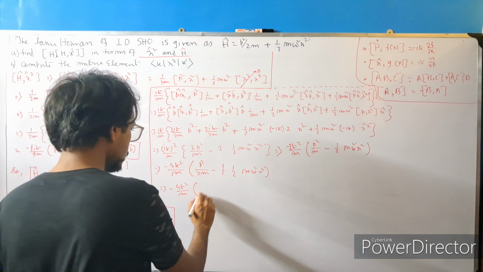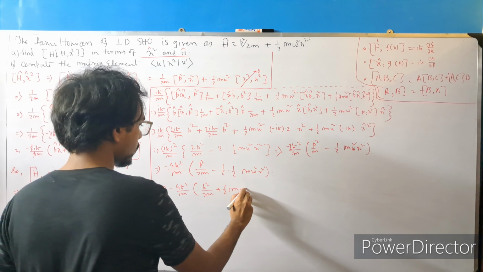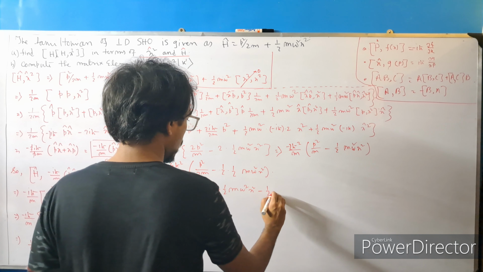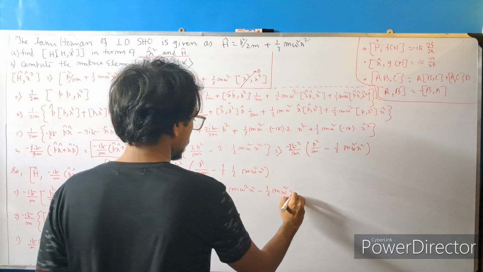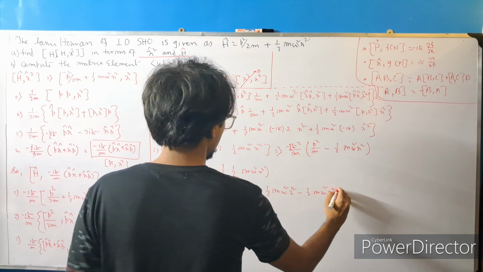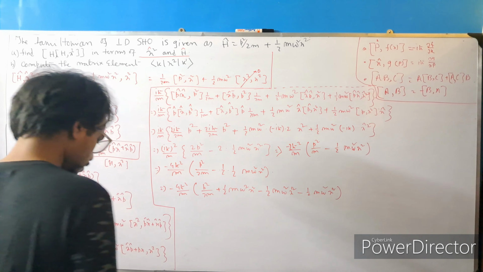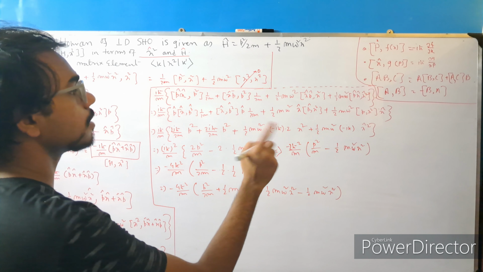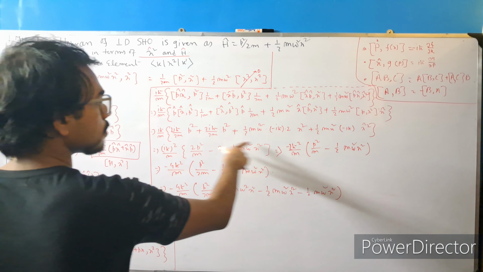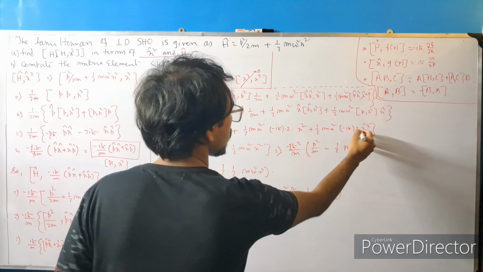So from here we can write p square by 2m plus half m omega squared x squared minus half m omega squared x squared and a minus half m omega squared x squared. Achha, I think I have written a half extra here because during this cancellation, yes, I missed a 2 here.